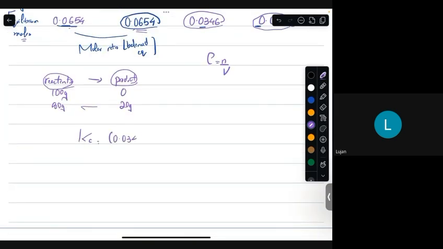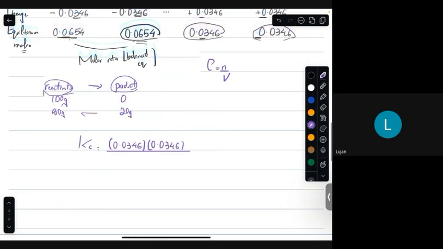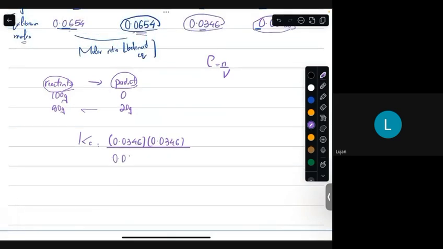And on the denominator, we have the two reactants, which would be 0.0654 multiplied by 0.0654. So what are we going to get? 0.529.